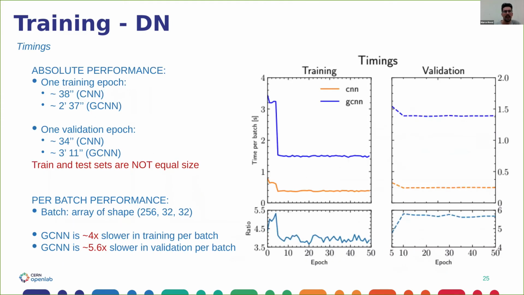Again, for the timings of the denoising, we have a factor of 4 for the GCNN to be slower than the CNN on training, and a factor of 5.6 on validation. So this is comparable to the previous results.